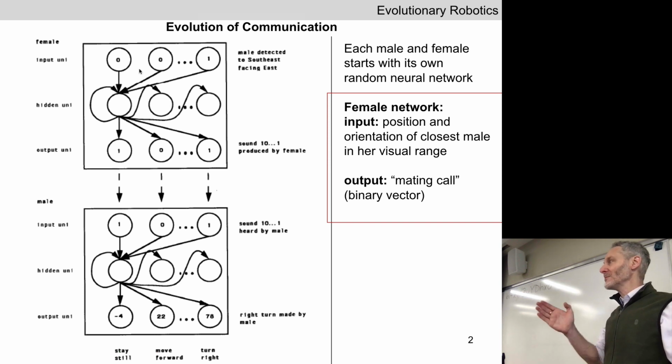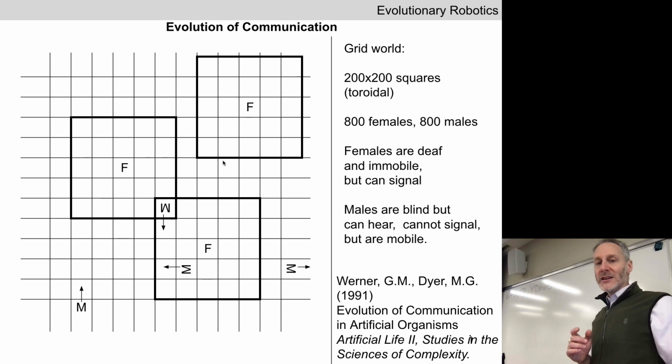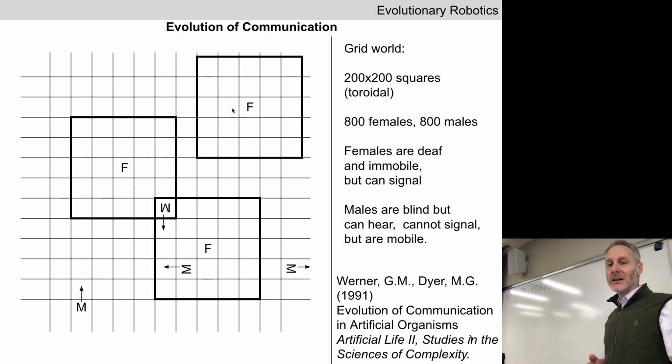At every time step of the simulations we're going to see in a moment, the values that are supplied to the input layer of the female's neural network are the position and orientation of the closest male in her visual field. The females can see. This is their visual field. Wherever a female is, she can see up to 2 units to her west, east, north, and south.